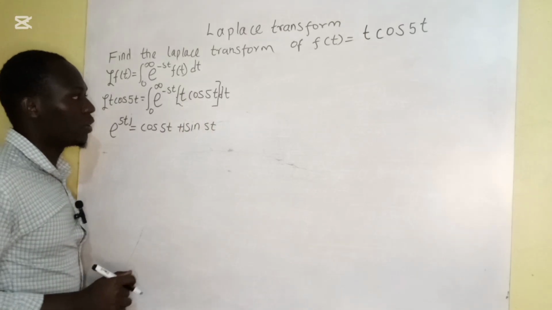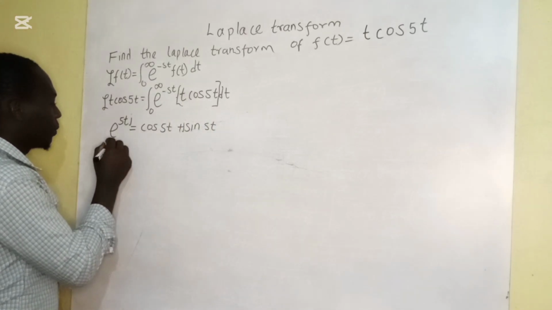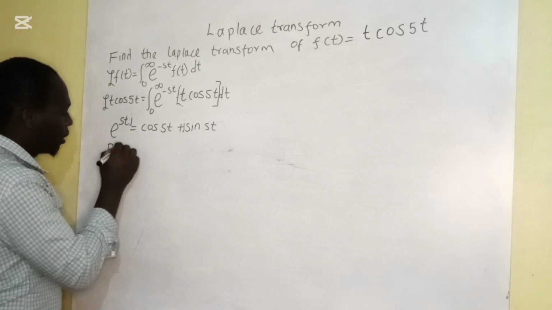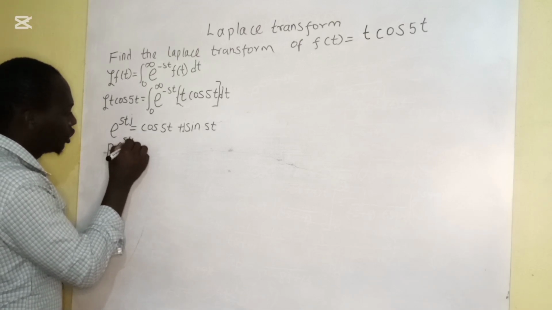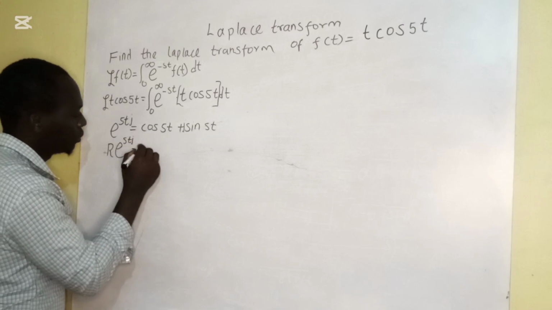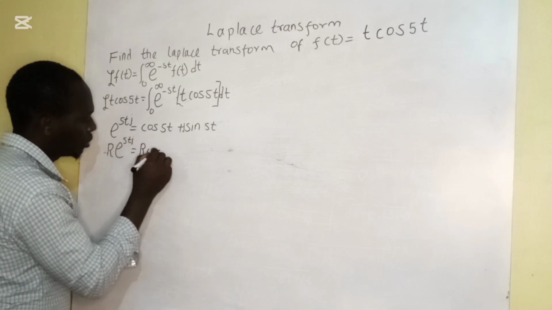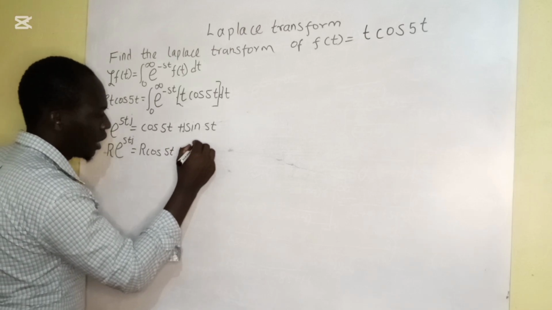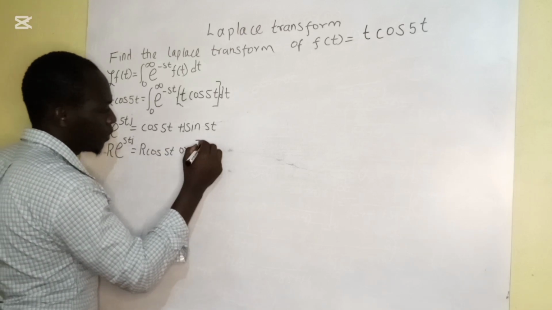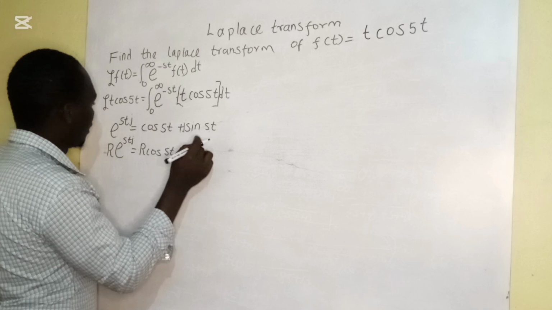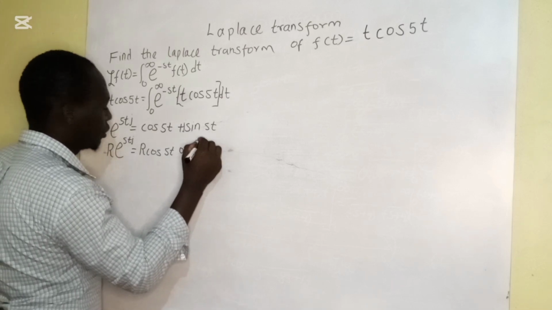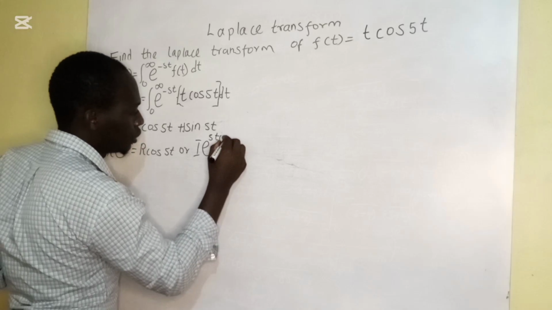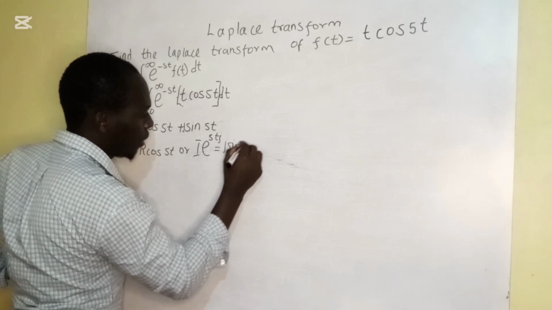Cos is located on the real side, to mean we are going to have r exponential 5tj is equals to r cos 5t, or I, to stand for the imaginary, I exponential 5tj is equals to j sine 5t.